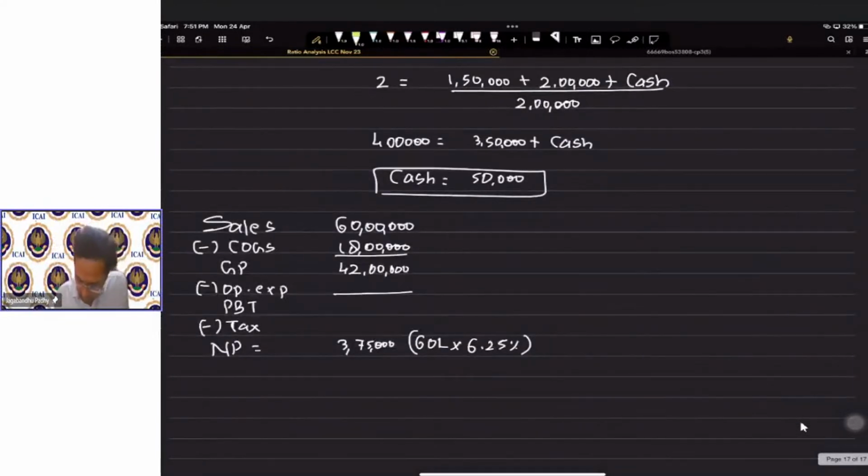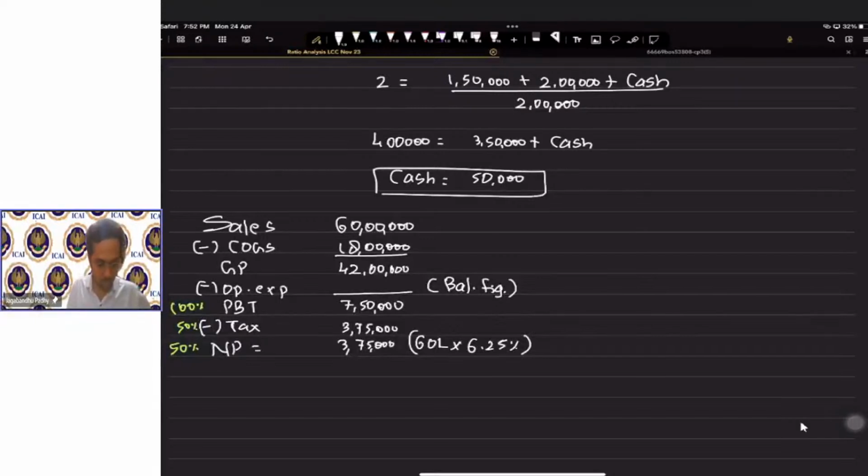So if income tax is 50%, and your PBT is 100%, tax will be 50 and net profit will be also 50. If you do the reverse calculation, here it is 3,75,000, so PBT should ideally be 7,50,000.